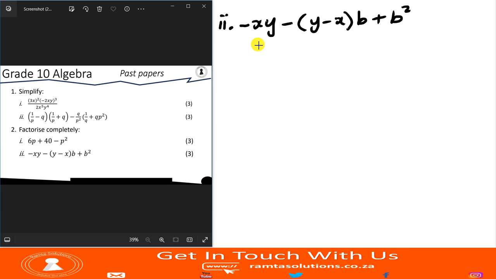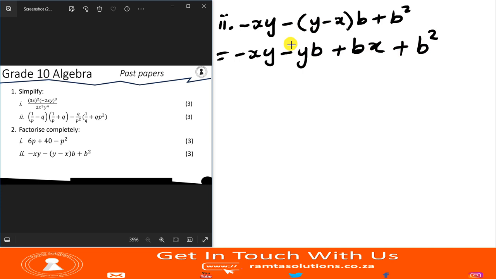We are simply going to try to see before we do anything, if we can break down these brackets or we need to factorize straight away. The way that I'm seeing it, we cannot factorize this yet, so we'll need to break down these brackets. So negative xy minus yb, negative times negative is positive, plus bx plus b squared. Do you guys see that now?